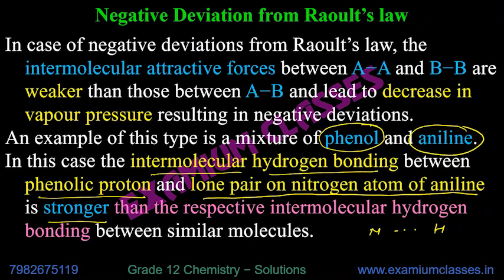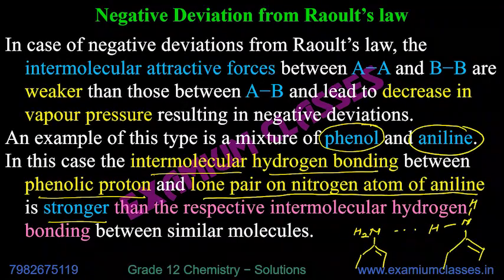But the reason it is not stronger is that this hydrogen doesn't have the greater partial charge. The hydrogen here is connected to nitrogen, so it doesn't have much positive charge.